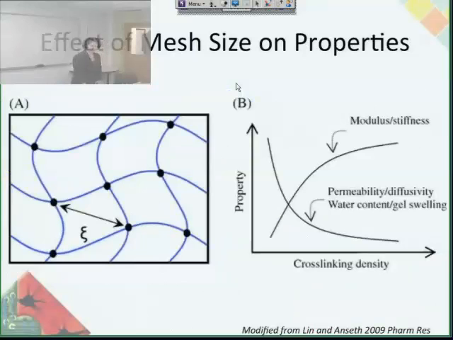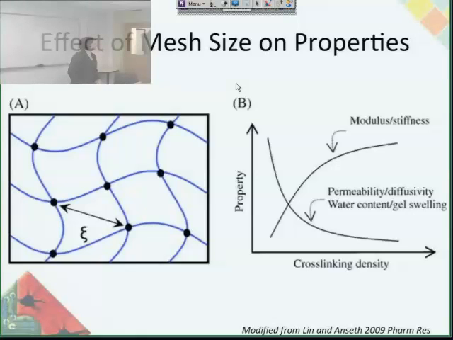So in what way does it determine their properties? Like I was saying, if you increase the pore size, which means you decrease the cross-linking density, you have an increase in gel swelling because more water can go in there.